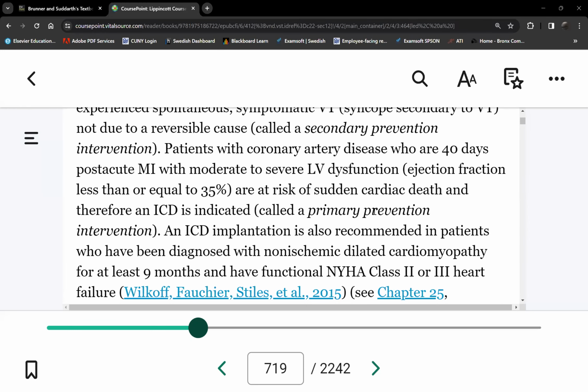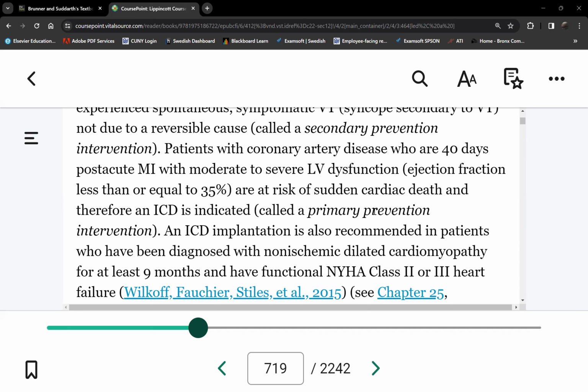Patient with coronary artery disease for 40 days post-acute MI with moderate to severe LV dysfunction, ejection fraction less than or equal to 35%, or at risk of sudden cardiac death, and therefore ICD is indicated. Call it primary prevention.